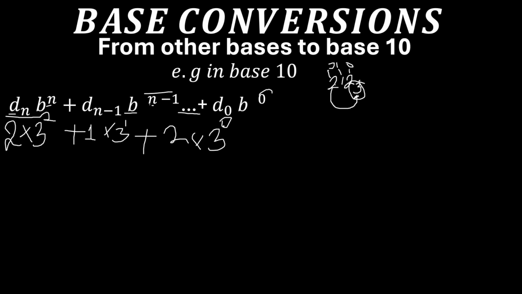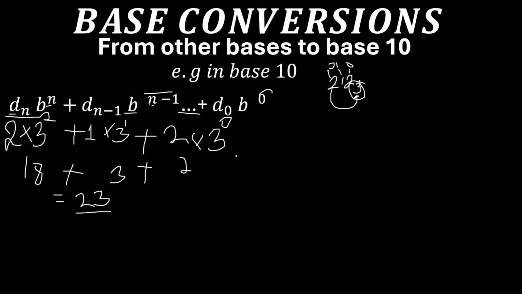Anything raised to power 0 is equal to 1, times 2, this is equal to 2. Plus 3 multiplied by 1, that's equal to 3. This one is 9, multiplied by 2, that is 18. So if you look at everything here, this is equal to 23.